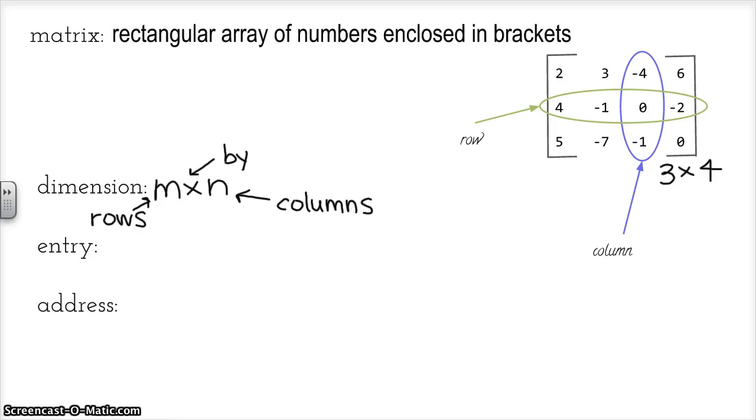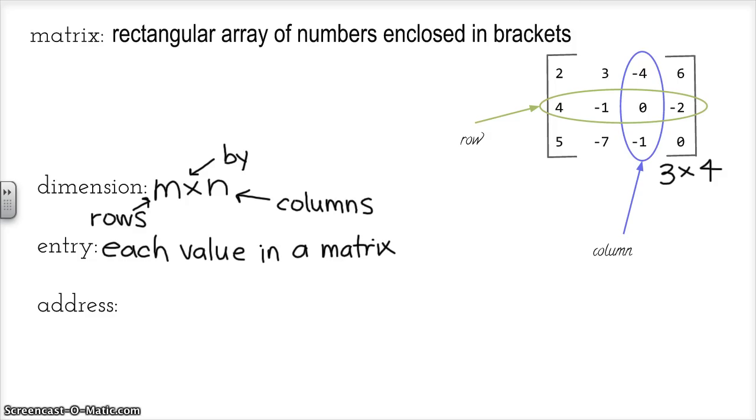And then in those rows and columns, every single number that you see is an entry. An entry is just each value in a matrix, or each number in a matrix. So the values or the entries in this matrix would be 2, 3, -4, 6, 4, -1, 0, -2, 5, 7, -7, -1, 0.